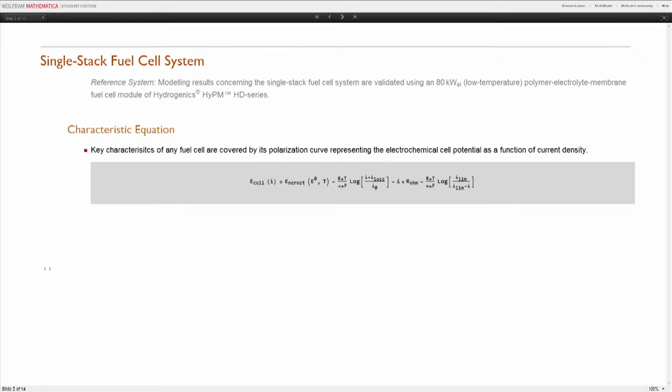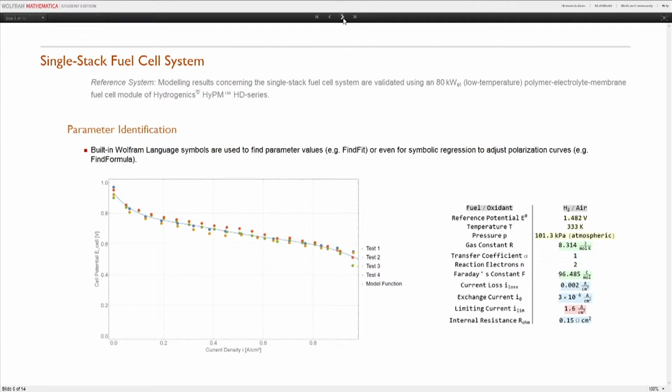Such equations are very easy to set up if you know a little bit about the fuel cell. They can be found in books. But to fit the parameters that are characteristic for each type of fuel cell is not that easy, but in the first step, Mathematica always has some good built-in functions like FindFit or even FindFormula, which can be used if you have experimental data, which are the points here.